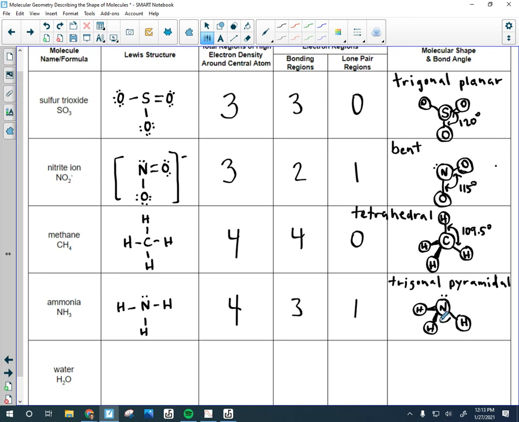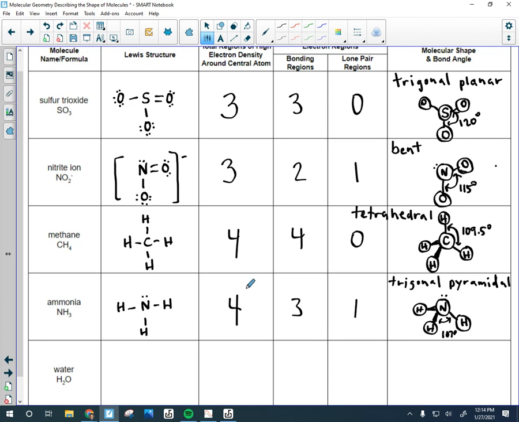So this angle ends up, for most molecules, being closer to 107 degrees. So it would be about 109.5 with tetrahedral. If we squeeze it down a little bit more, it's closer to 107. And that's just a ballpark figure. Different molecules will have different bond angles based on also having different elements involved.